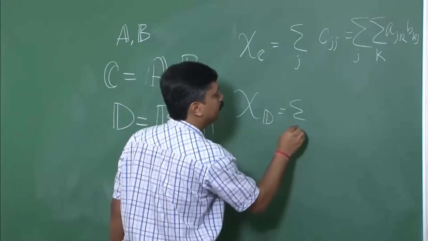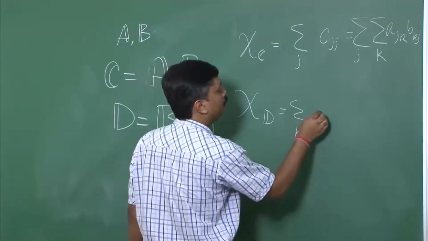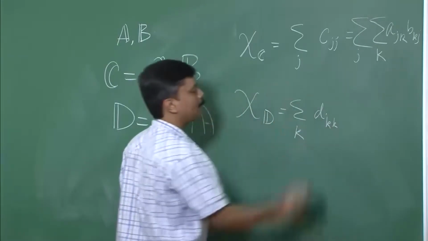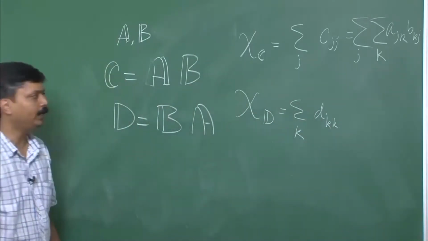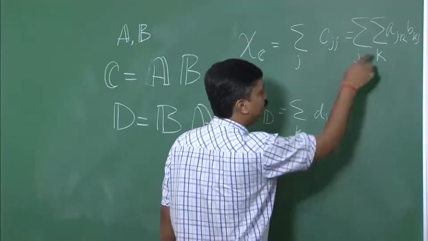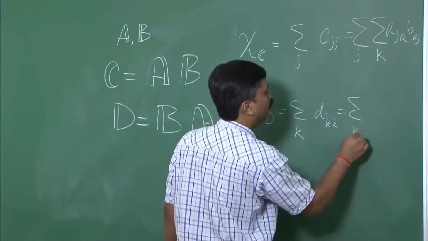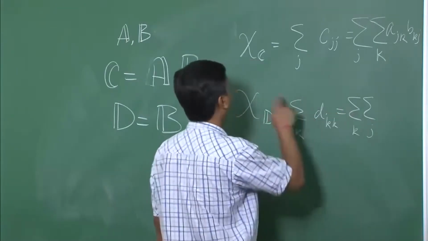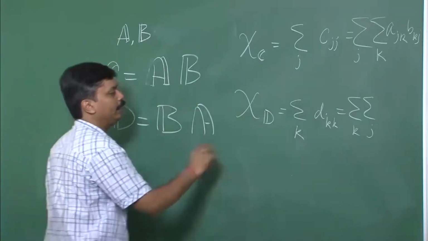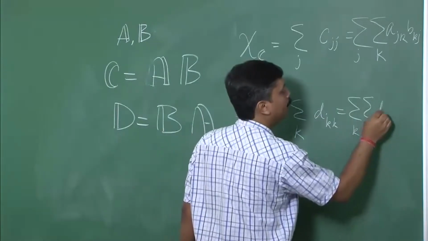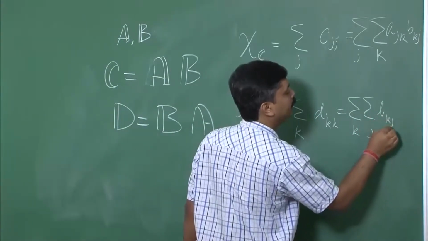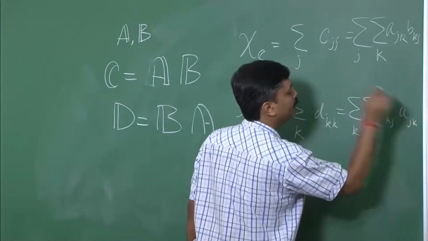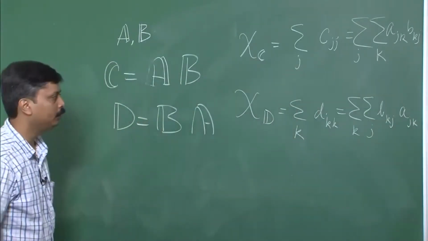I will have the diagonal elements D_kk summing over k, right? So I can split them again in just the same manner. So I have the sum over k and the sum over j, with D as B and A, right. So I will have B_kj and A_jk, correct.